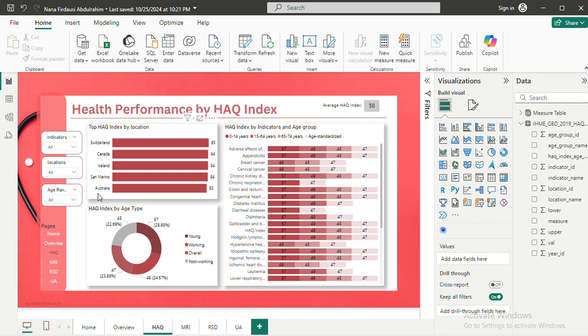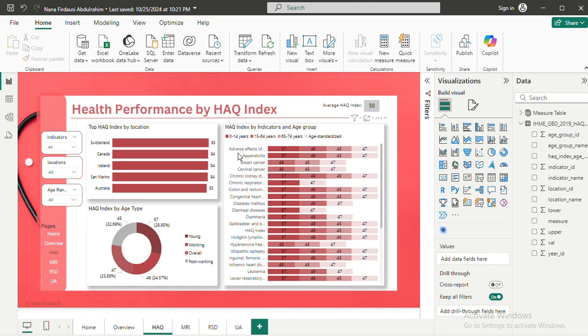They are the top 5 countries that have access to healthcare facilities. We already talked about this in the last page as the people that have more access to healthcare facilities.